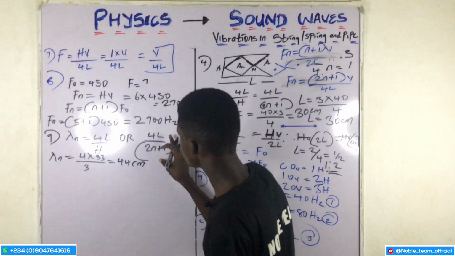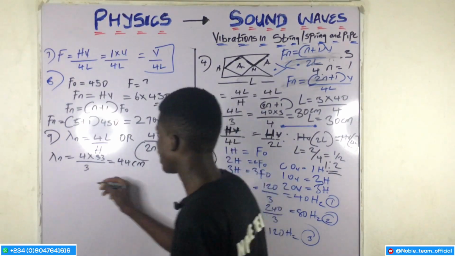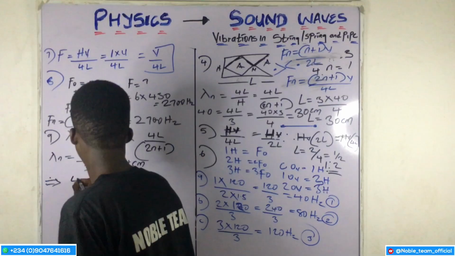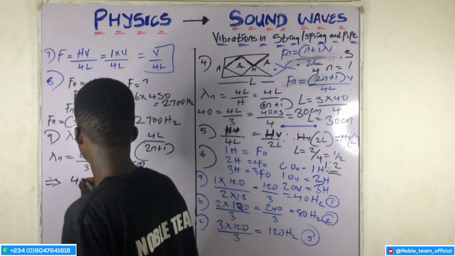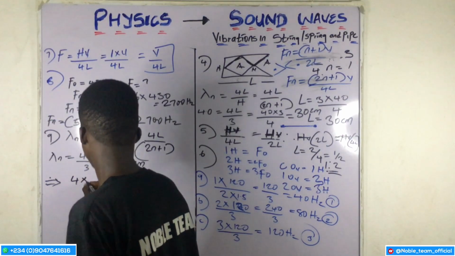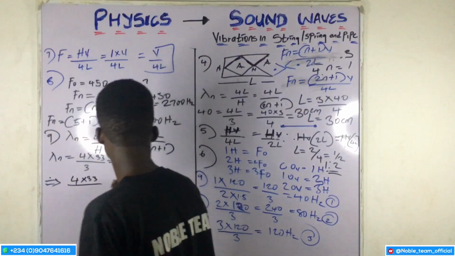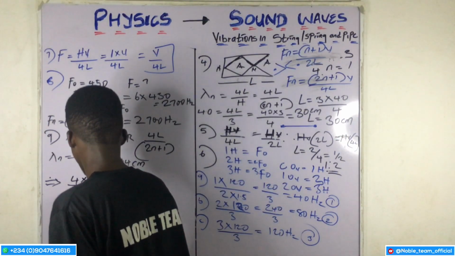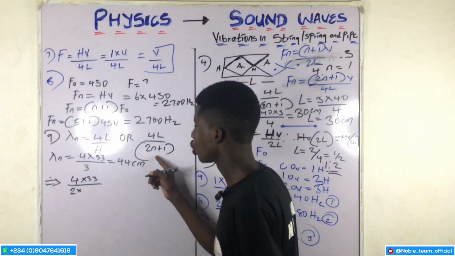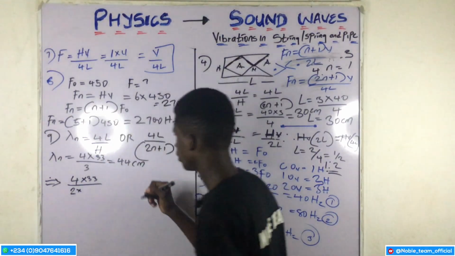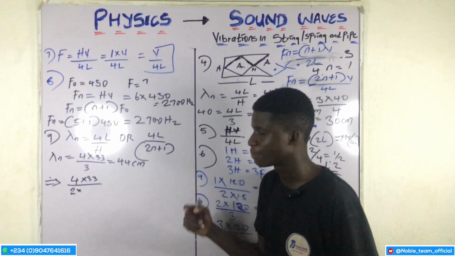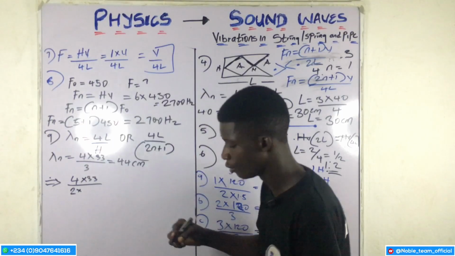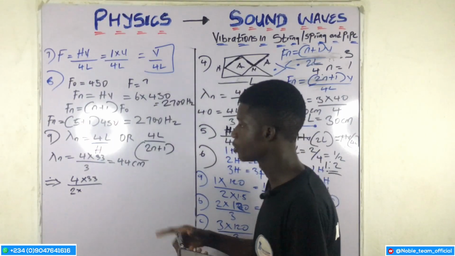Now if I choose to use this formula, it's like saying 4 times 33 divided by 2 times my overtone plus 1. Do you understand what I'm trying to explain? Now listen, my overtone is going to be 1, not 0. Why?